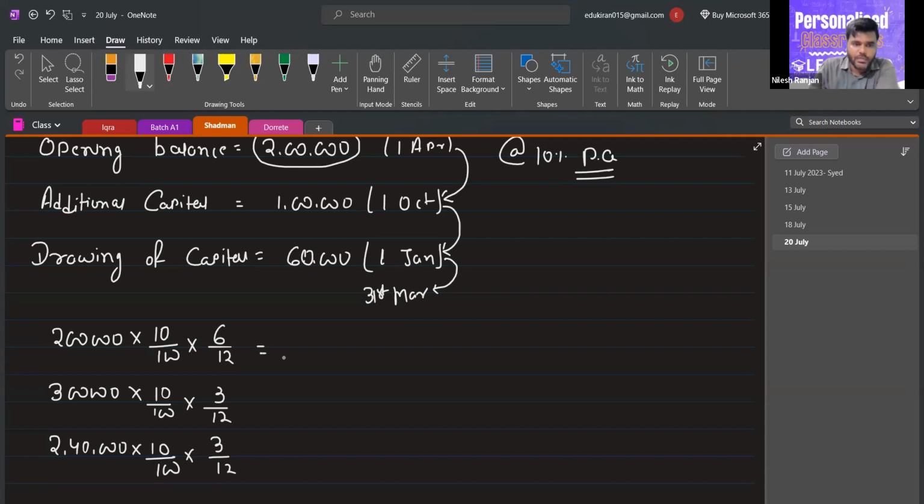So it will be 10,000 here. It will be 7,500.